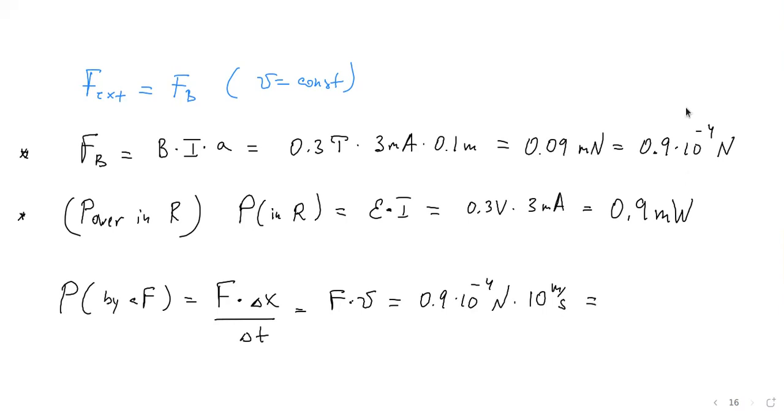So if you multiply them, you'll get 0.9 times 10 to the minus 3 watts, yeah? Look at this. It's perfect. This is what I would call the energy conservation law.